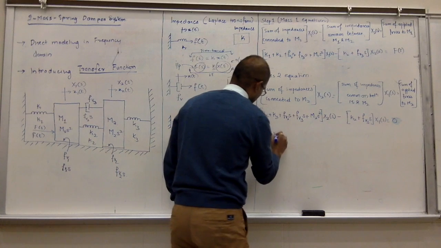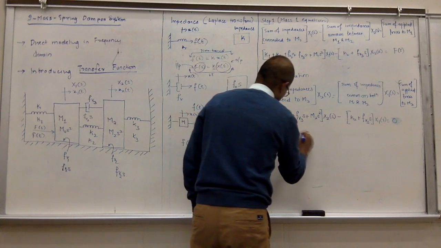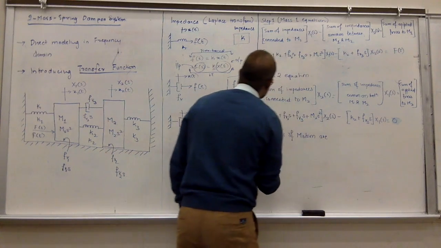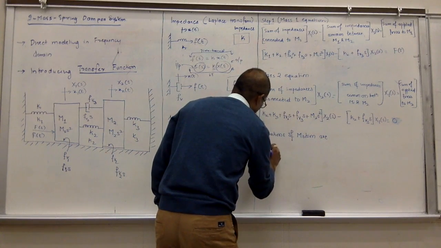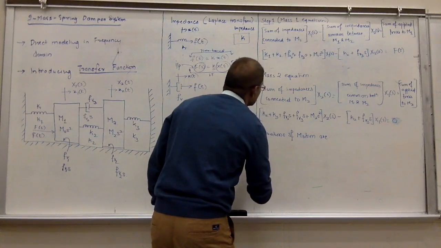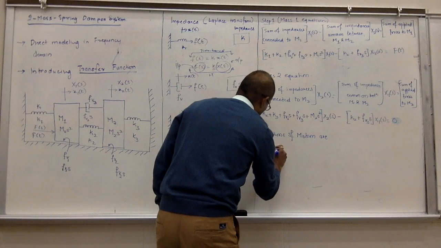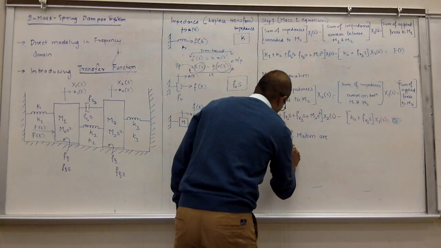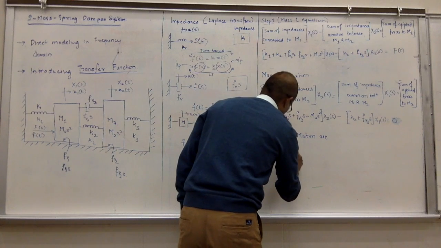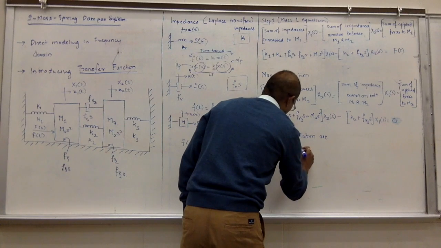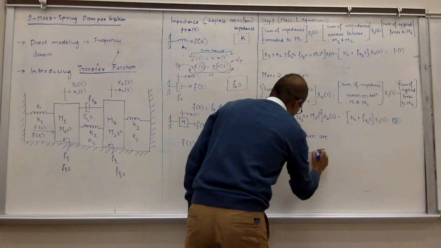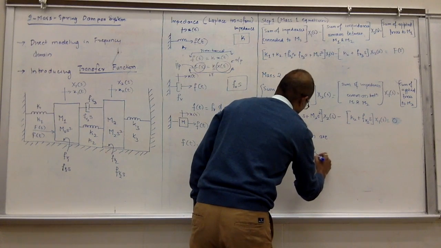Equations of motion are, let me write this. M1 s squared plus f_v1, f_v3, this, M1.